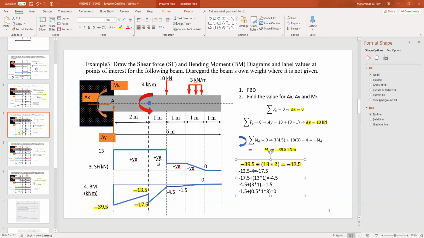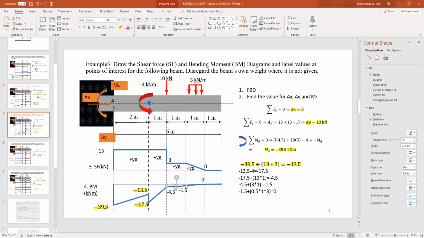Now I come to here, I have a positive area, so minus 17.5 plus 13 times 1, and that will give me minus 4.5. And here will be minus 4.5, but actually that one should not be curvy.